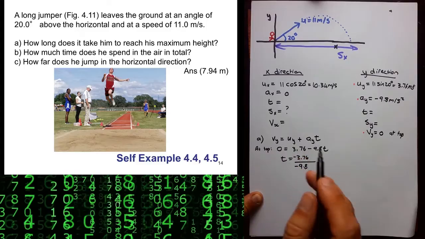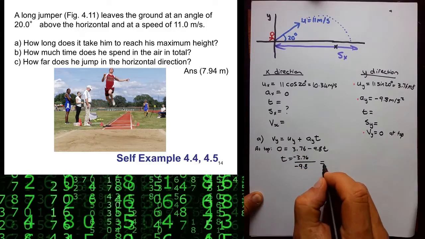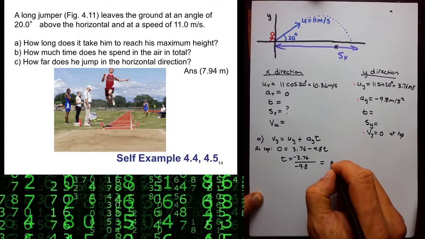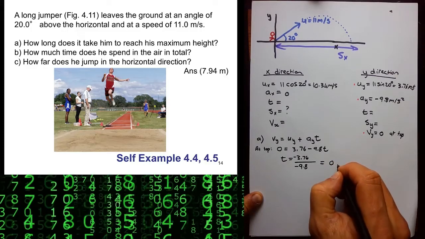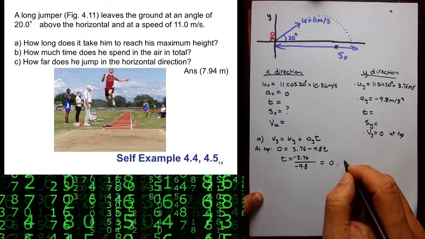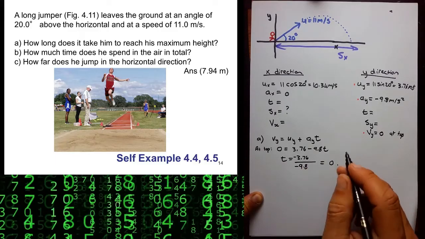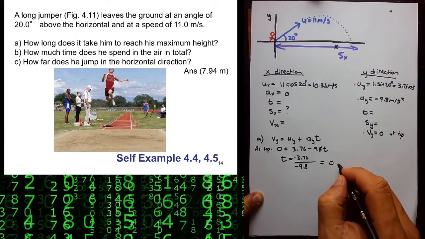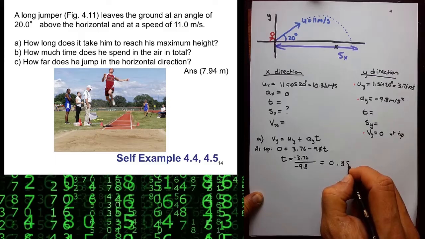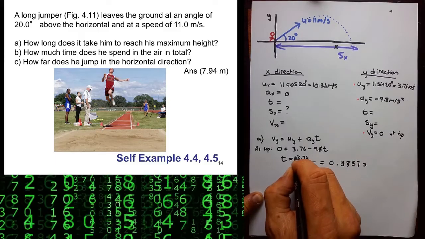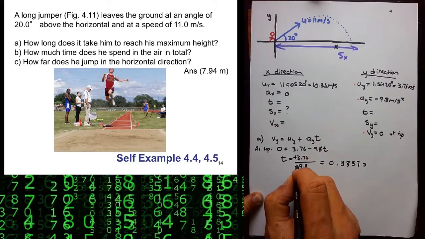The minus comes from taking that to the other side. And when we divide those two, we get t equals 0.3837 seconds.